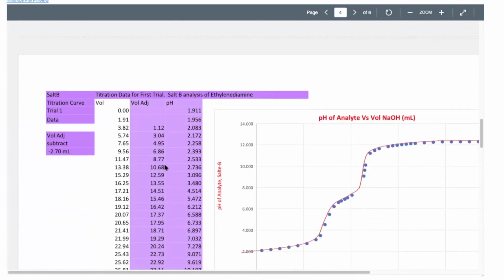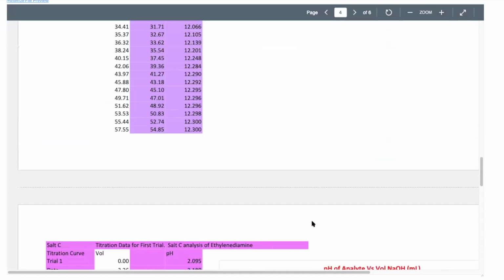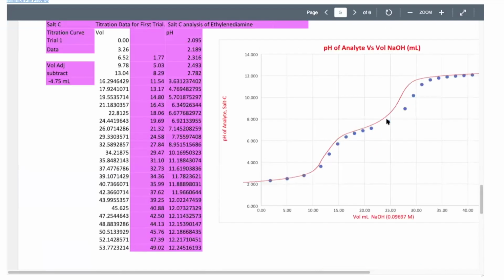This is salt B, and I give you that titration curve, and then this is salt C. And again, I give you that titration curve. The dots are the actual data. The line is my best guess approximation using a line in Excel so that it connects the dots.